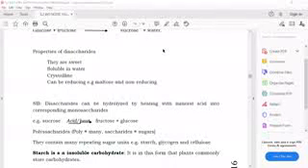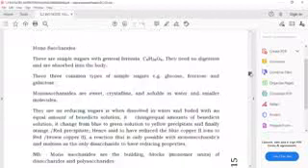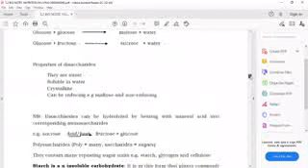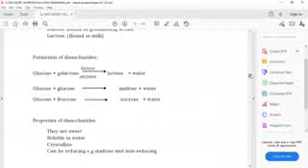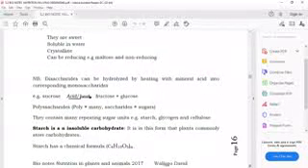However, we also have other types which are non-reducing. That is, sucrose is a disaccharide, but it's non-reducing. If I take you back to the examples, we have those two there.